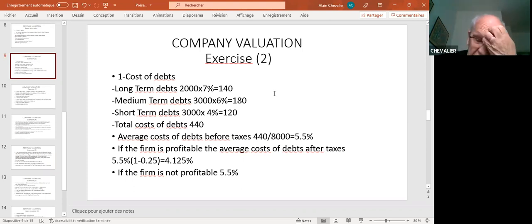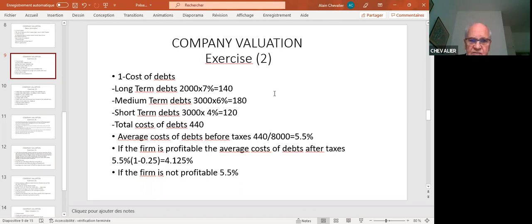But we have very classical categories of debt. We don't introduce any elements like options, like swaps, or flexible variable interest. Well, it's the most simple case we can find.